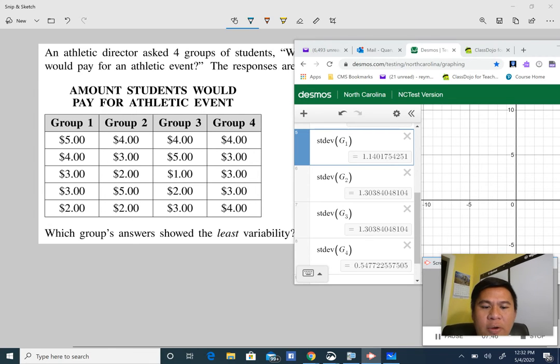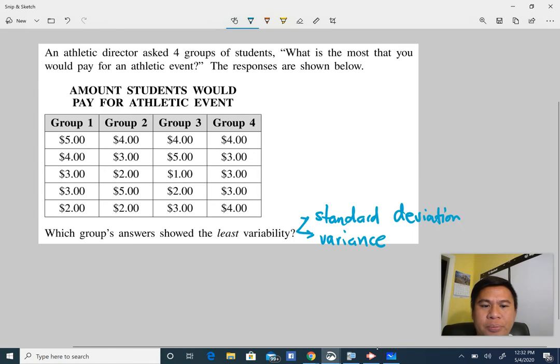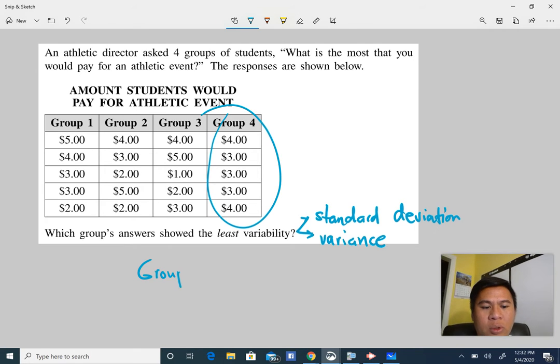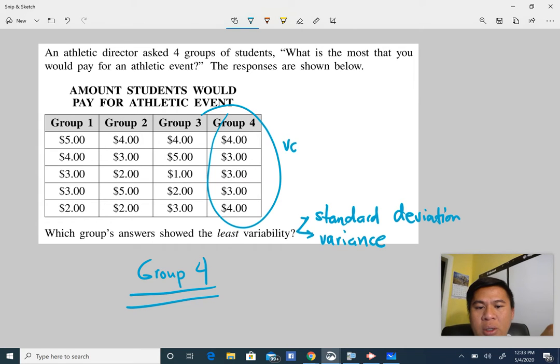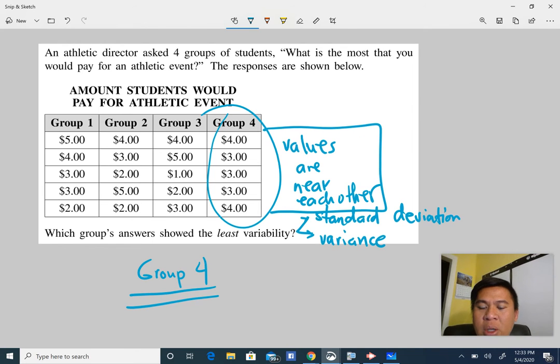As we can see for group number 4, the values are near each other, meaning there's not much spread or dispersion of values compared to groups 1, 2, and 3, or relative to the other groups.